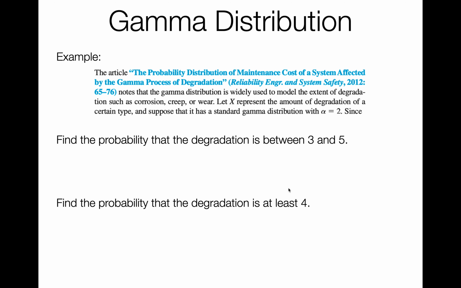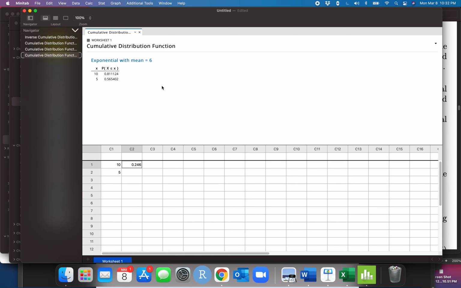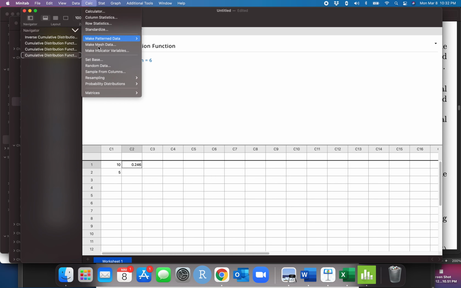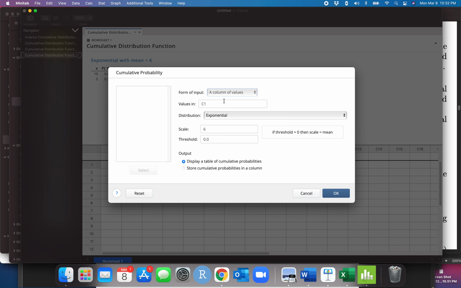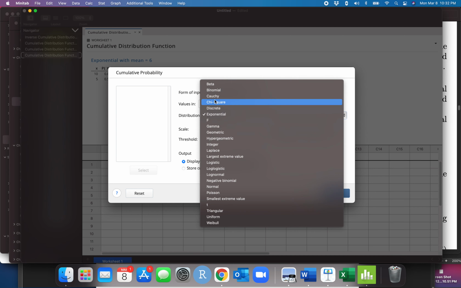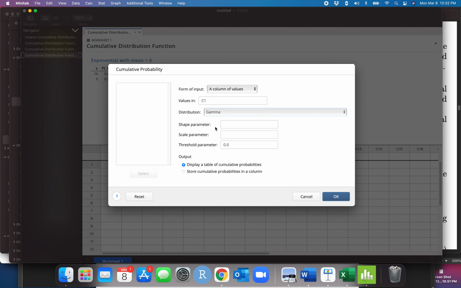We're going to turn to Minitab. I want to calculate some probabilities, cumulative ones, and I'm interested in the gamma distribution. So again, shape and scale it has here. Shape is alpha, scale is beta. It's important to write down. Shape is alpha, 2, scale is beta, 1. Okay.